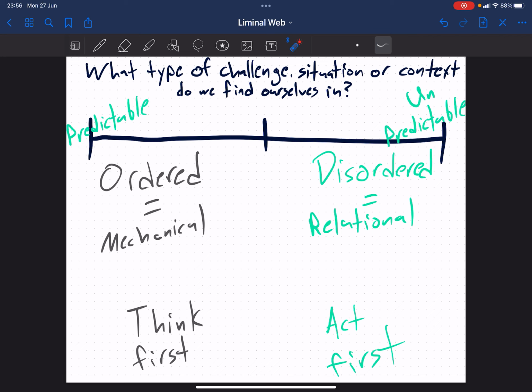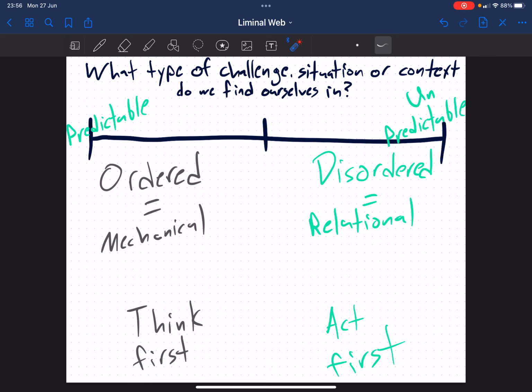Once we've mapped our information onto a shared matrix, we want to understand that roughly speaking, there's 2 types of situations in the world. There are ordered situations where we can make use of mechanical type thinking and think first about, and there are disordered situations that require a more relational type of thinking, and often that will require some form of action first.